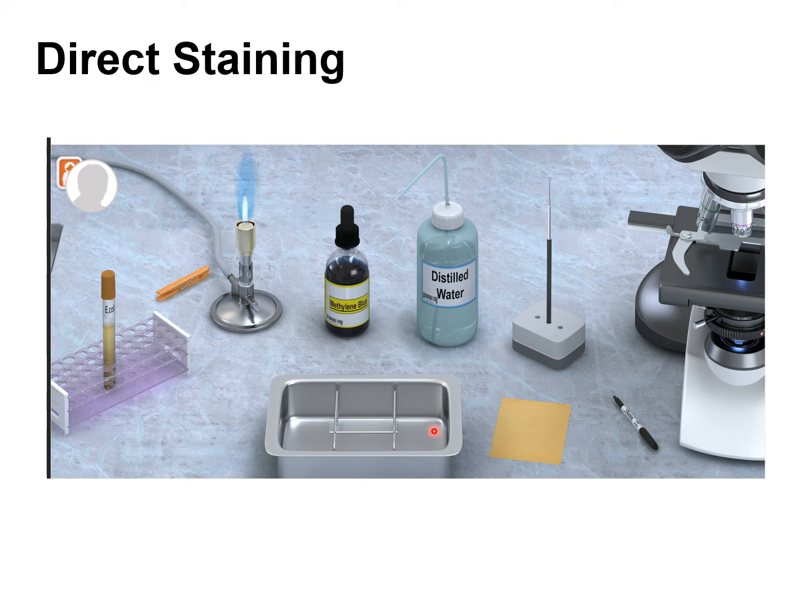And then here is your loop that you will have to sterilize, dry, and a Sharpie so that you can label your slides. So again, you're going to be going through that virtual lab to help you out.